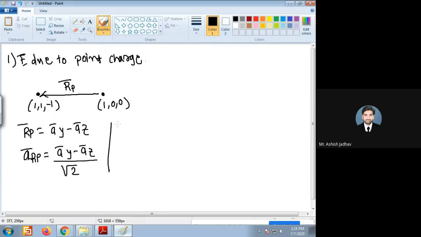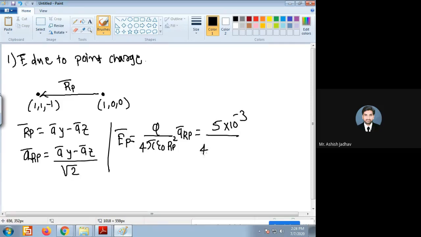So if you put in the values, EP bar is equal to Q upon 4 pi epsilon naught RP square A bar RP, which is 5 into 10 raised to minus 3 divided by 4 pi epsilon naught.